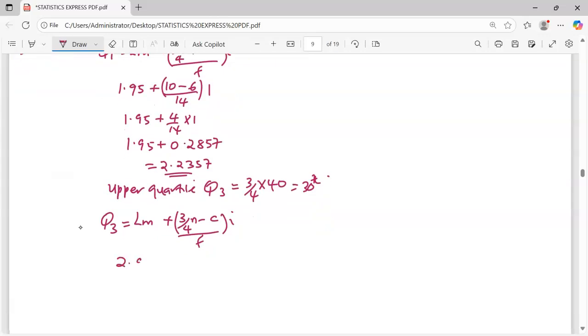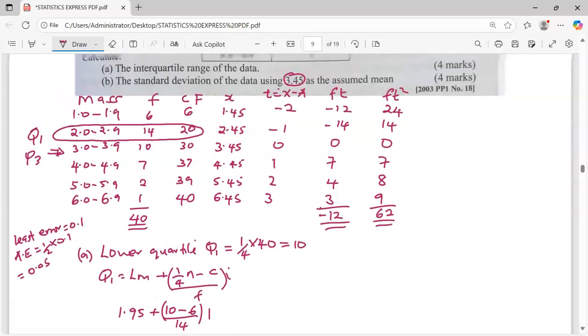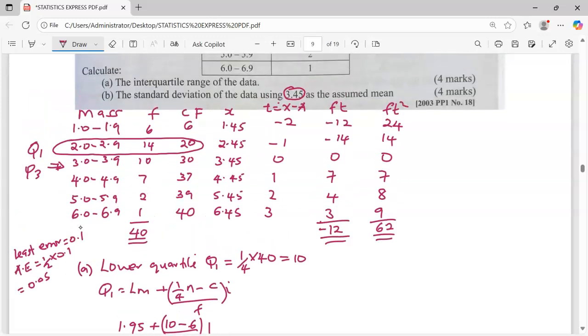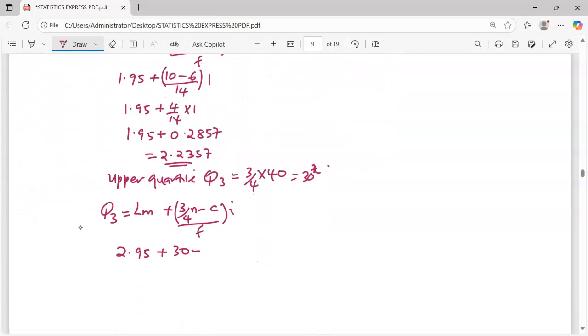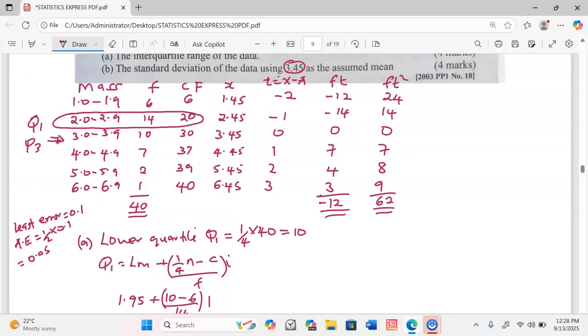Here we have 2.95 plus 3/4 of n will give us 30 minus c, which is the cumulative frequency above this class, which is 20, divided by the frequency in this class, which is 10.